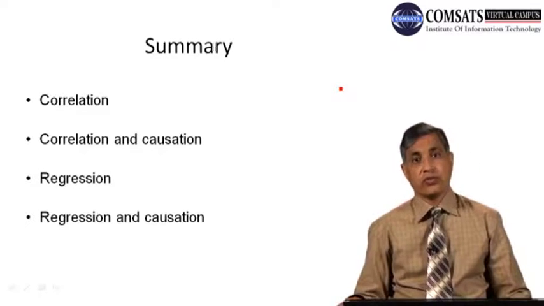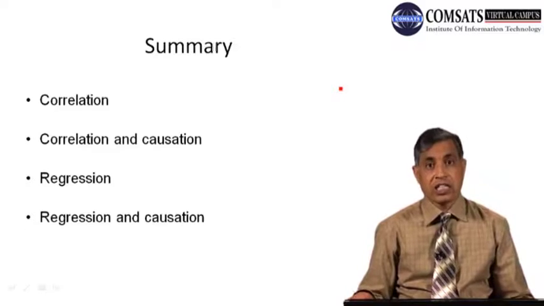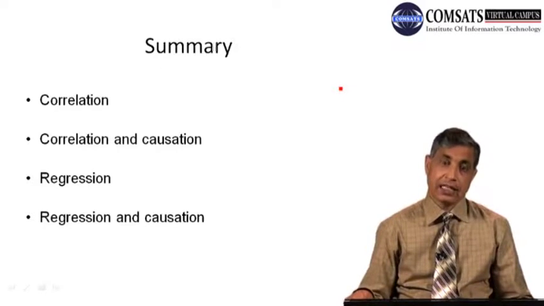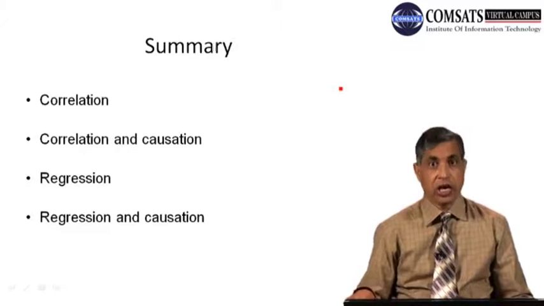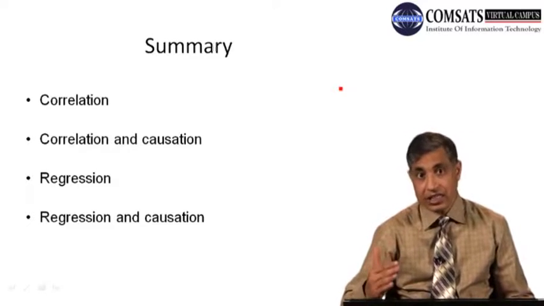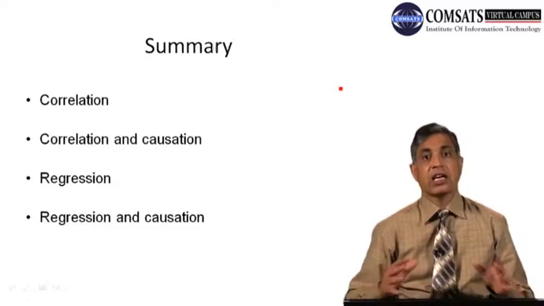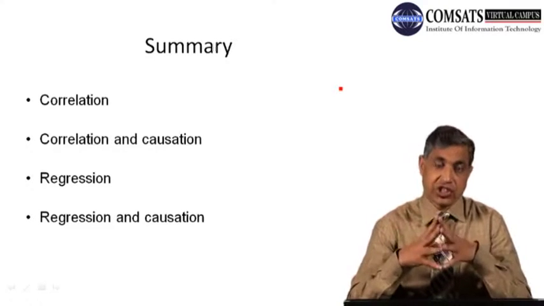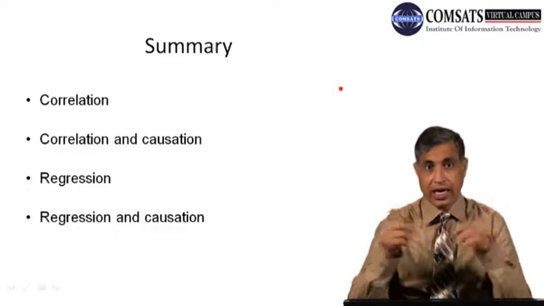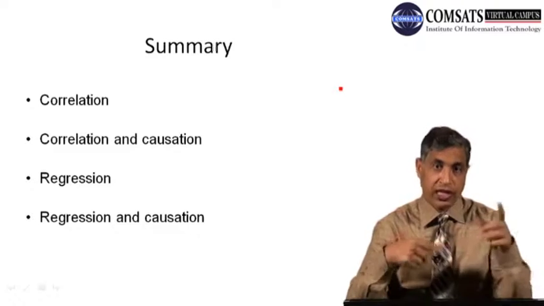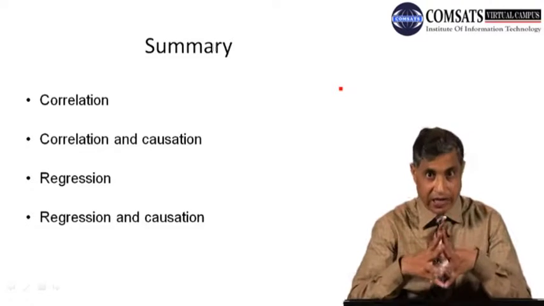So we have to go to some other discipline to know about causation. Statistics is unable to tell us in which way the causation is running, from y to x or x to y. Dependency may run between x and y or y and x.